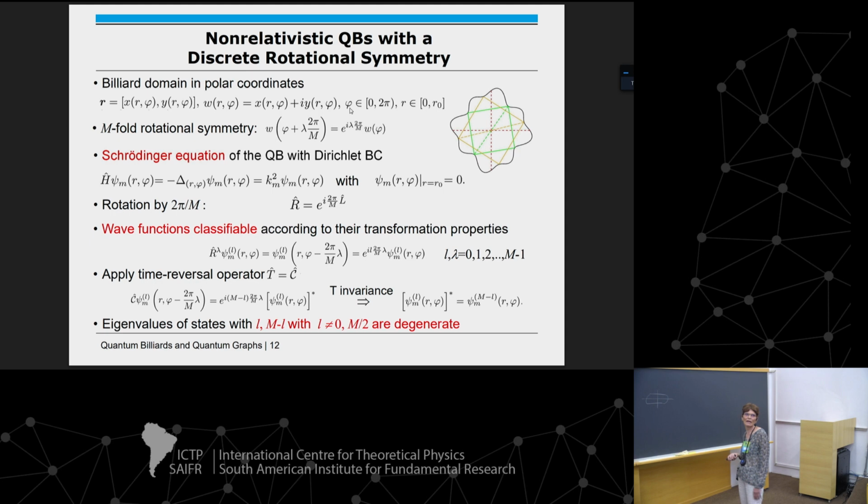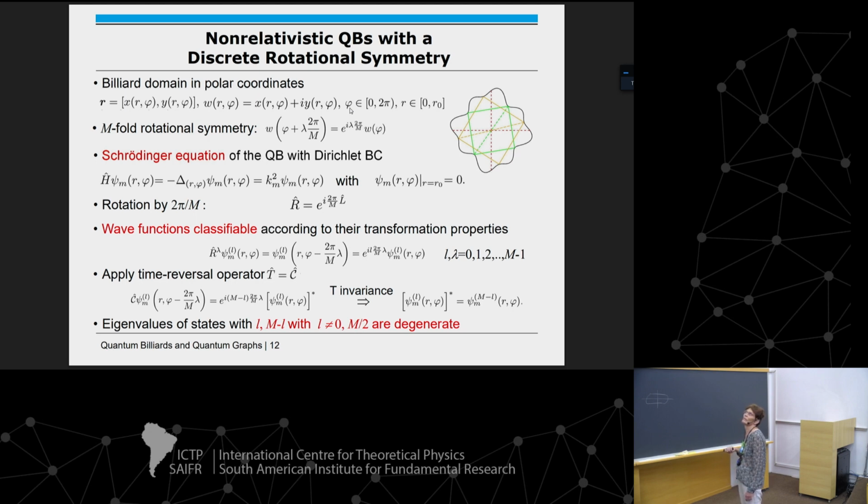That is, all the other symmetry classes have eigenfunctions which are not invariant under time reversal invariance, and they follow this relation. And this now means that you can show that the complex conjugate of psi is exactly given by the wave functions corresponding to the symmetry class m minus L. That is, you can separate your whole system into wave functions which are rotationally invariant, so lambda equal to 0.